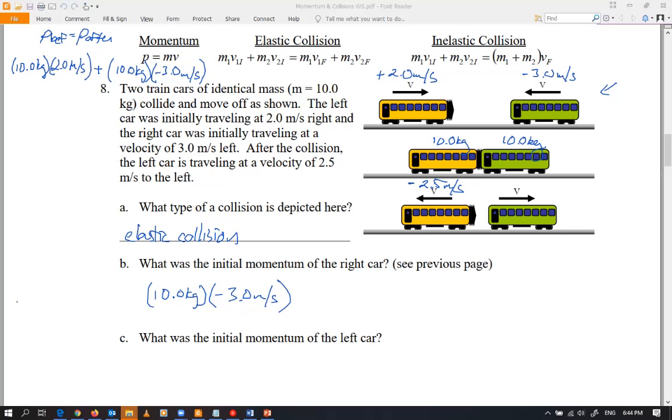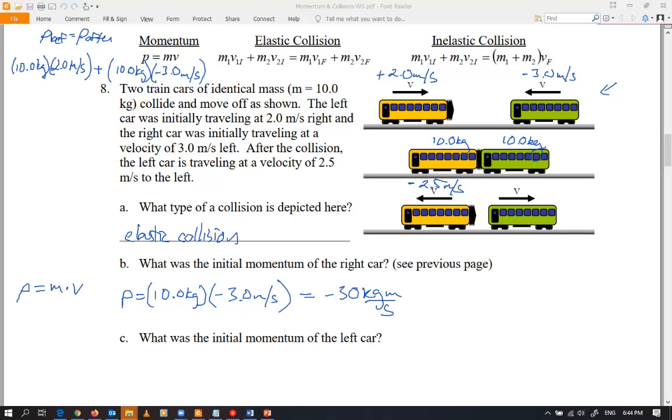Remember again, momentum equals mass times velocity. So we have momentum equals 10 times -3, which equals -30. And our units are important: kilogram meters per second, because it's a momentum.